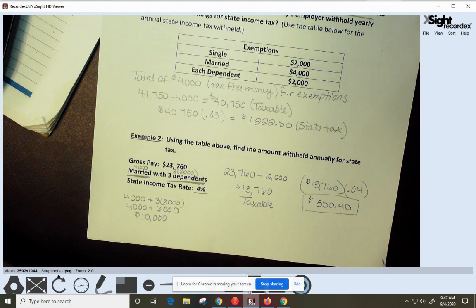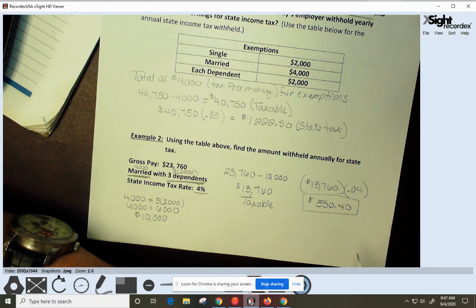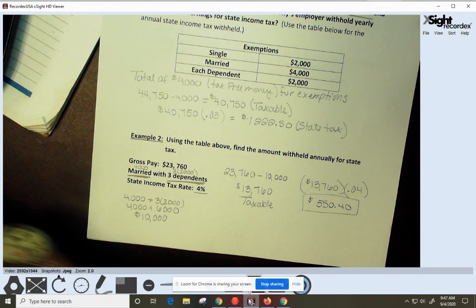Okay. Now, some cities have a city tax. So if you work within the city limits, you pay a city tax. Some people have other little taxes that come out as you go along, but for your state tax, this is basically how you figure it. Make sure you're subtracting your allowances and figuring those up correctly. Then take what's left after you subtract your exemptions and multiply that by your state's tax rate.